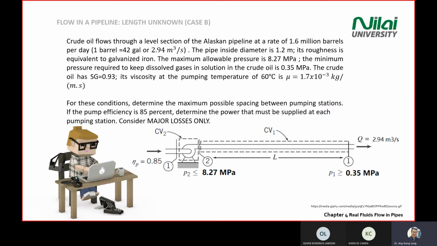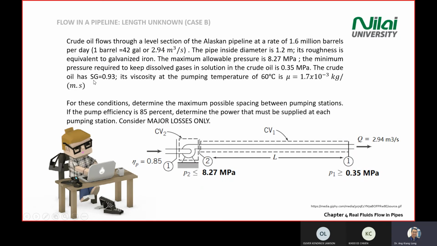The pipe inside diameter is 1.2 meter. The roughness is equivalent to galvanized iron, so this one you refer to the table. The maximum allowable pressure is 8.27 megapascal. The minimum pressure required to make sure the oil is flowing is 0.35 megapascal.